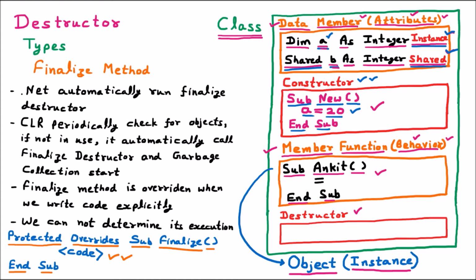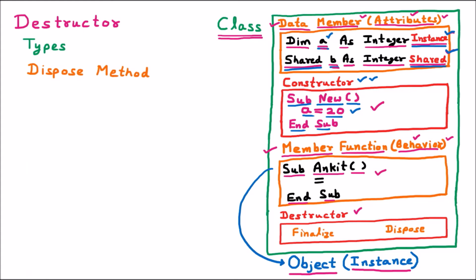Now we are discussing the next type of destructor, that is the dispose destructor or the dispose method. We know that the finalize destructor had a problem: it was non-deterministic in nature.